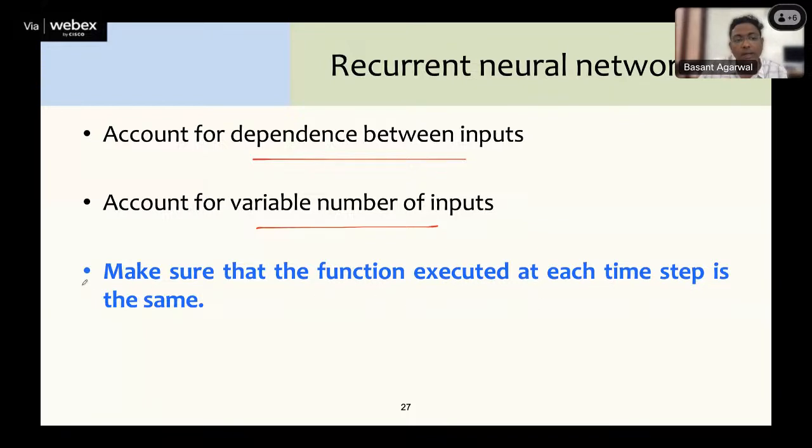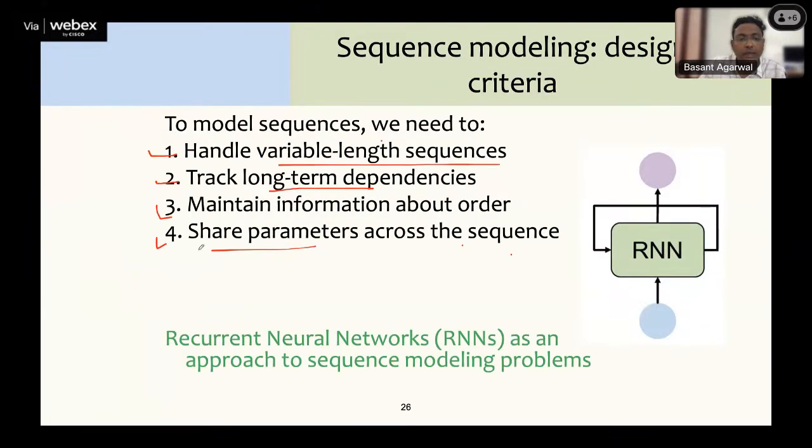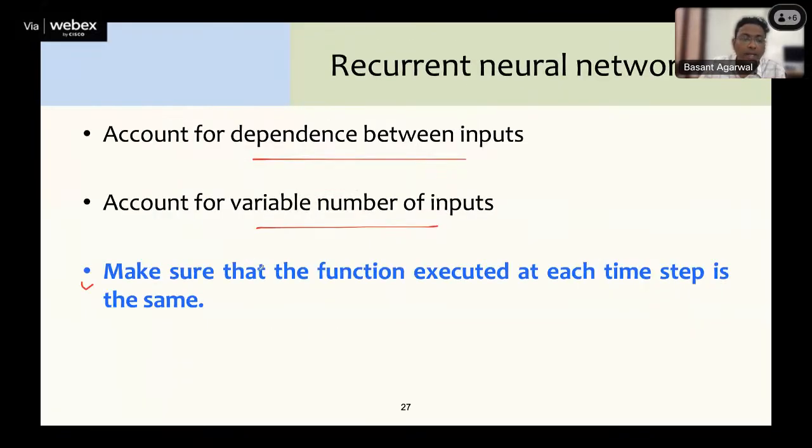This is very important because we want the parameters to be shared across the sequence. If we had a different function executed at each timestamp, we would not be able to share the parameters between different timestamps, and would not be able to forward the information from one timestamp to another. We'll talk about this in detail later also.